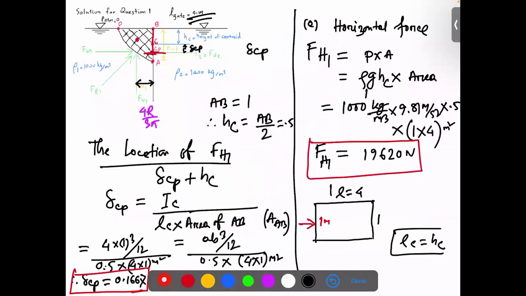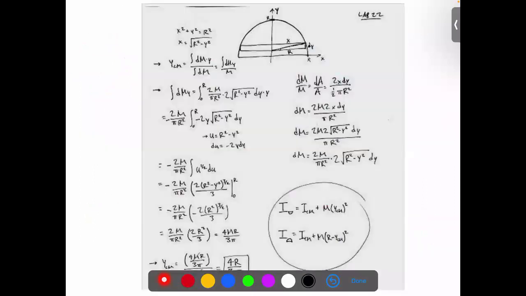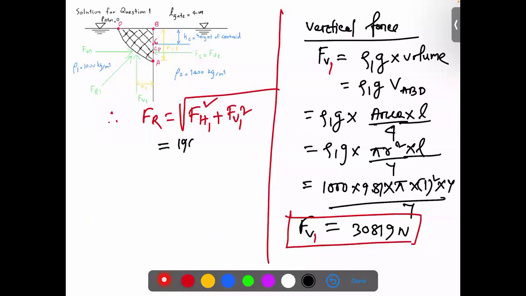if we go back, it's 19,620. So 19,620 squared and 30,819 squared.